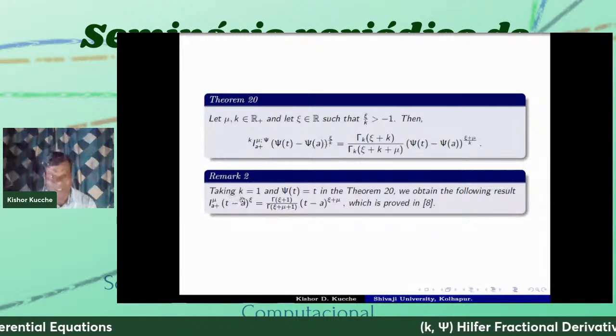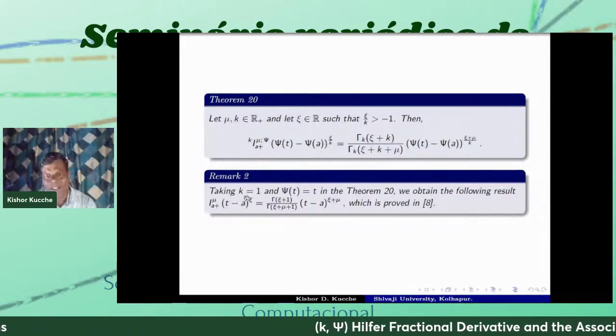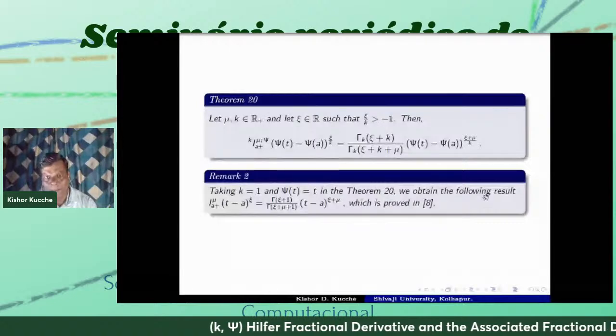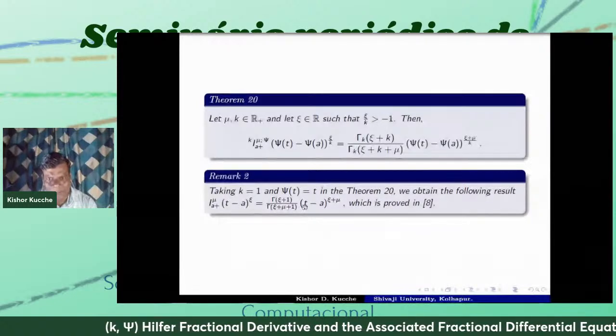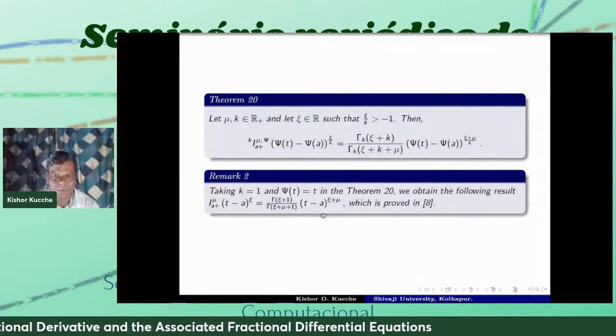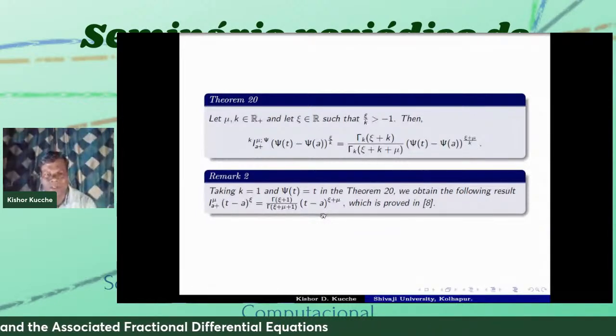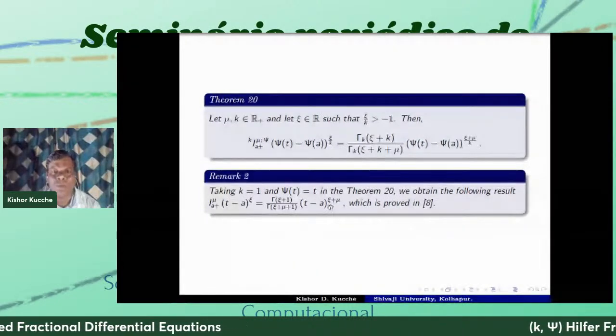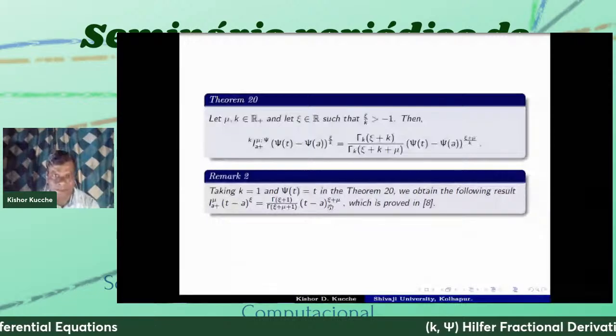So we can see here, if we take k equal to 1, psi t equal to t, this Theorem 20 reduces to this form, a result proved in the book of Podlubny, Kilbas, or the monograph by Kilbas and other authors.